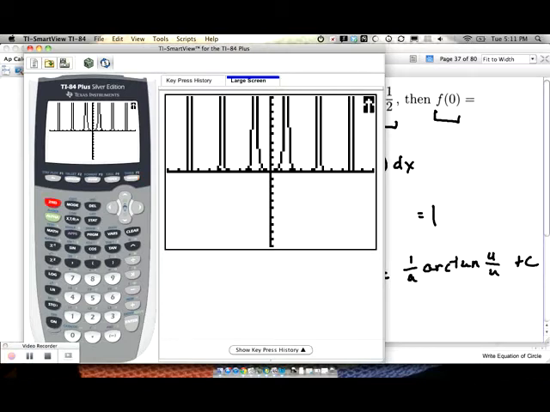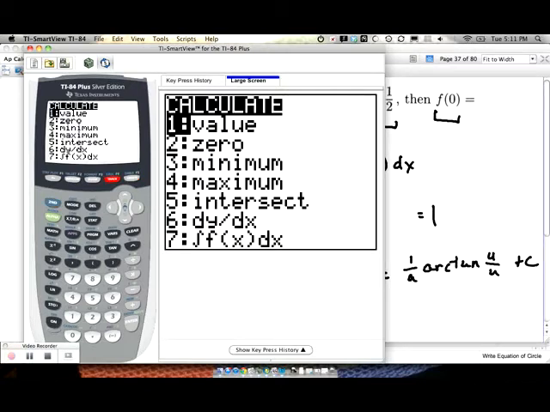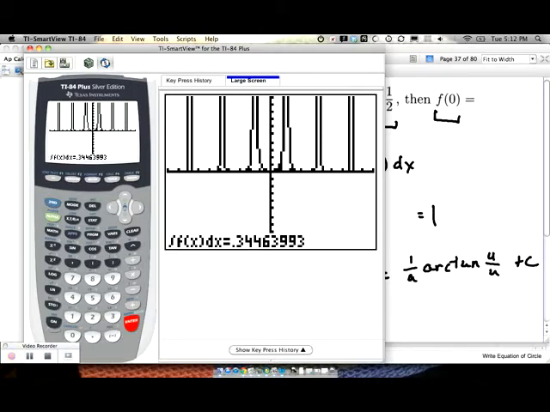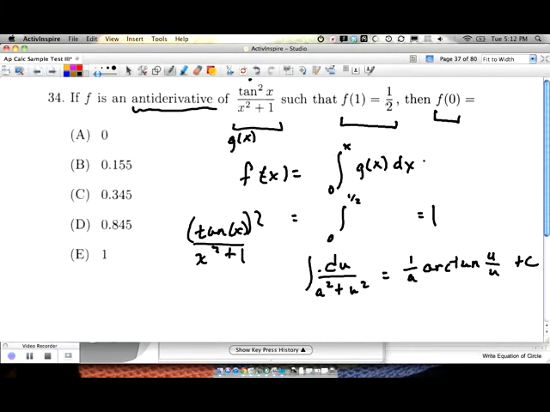So let's do second, calculate the integral from 0 to 1. That equals about 0.34. And up here, oh, that's interesting. This is saying that f of 1 is 1/2.